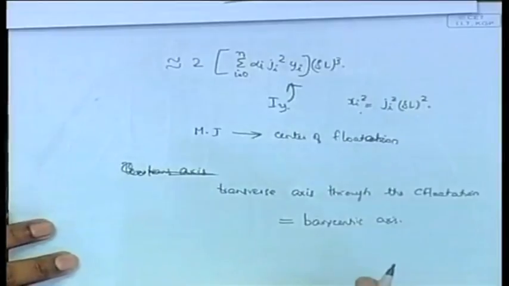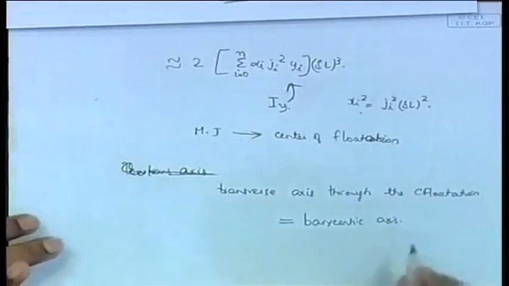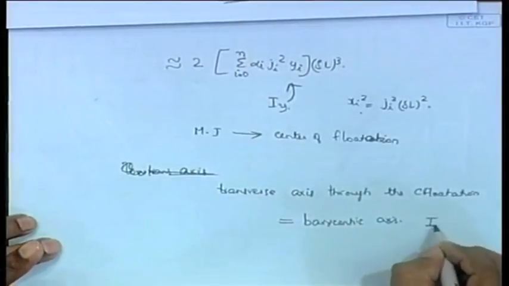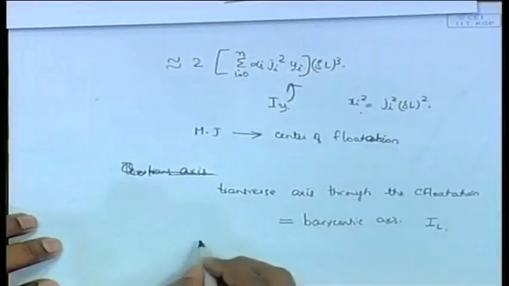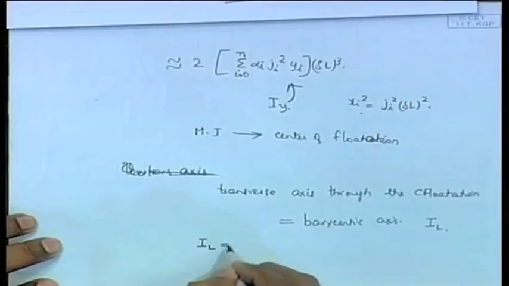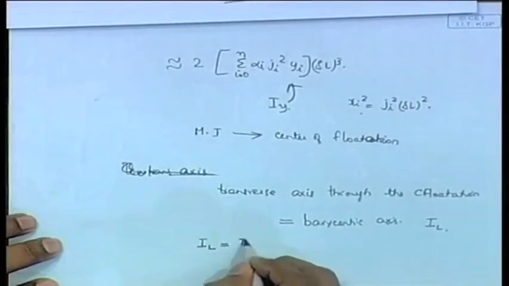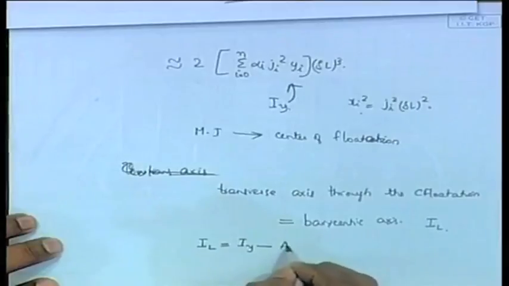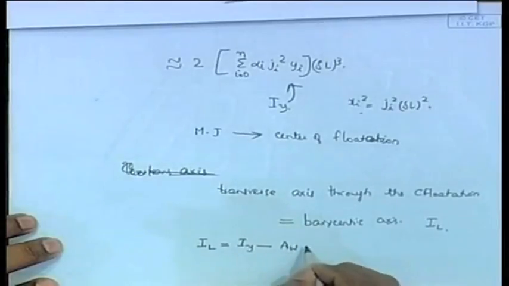Now, so this moment of inertia about the barycentric axis, let us call it IL. Okay. Therefore, IL will be equal to Iy minus Aw into XF squared.